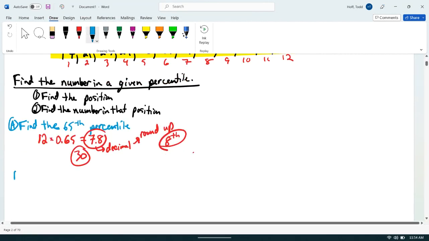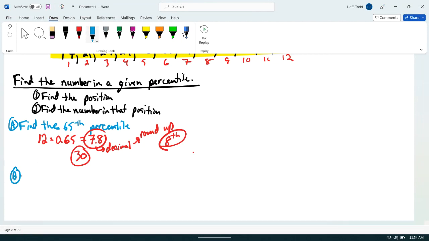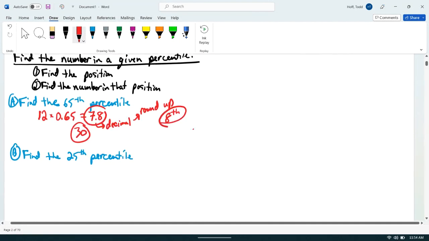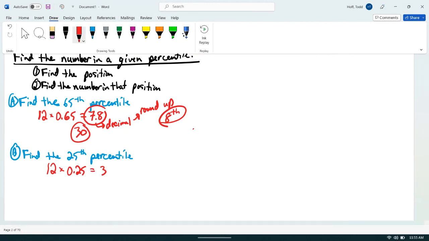Let's find the 25th percentile. So to find the 25th percentile, n is still 12 times 0.25 gives me 3. 12 times 0.25 is 3.